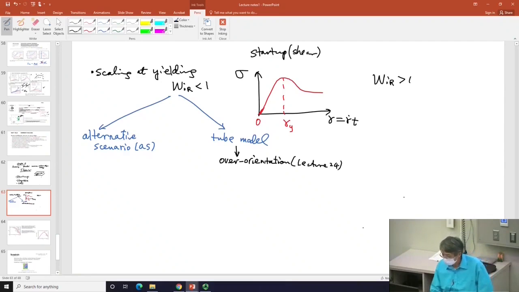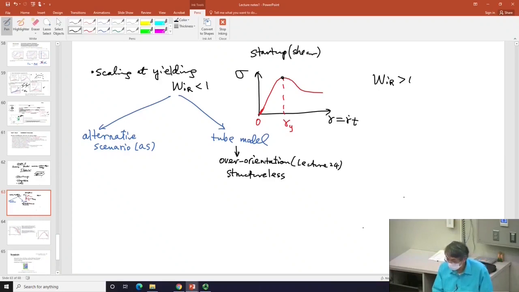So that says nothing about a structure. Really, I don't call it structureless, but basically it's not related to any failure of the entanglement network.